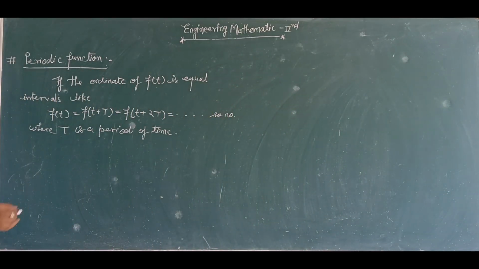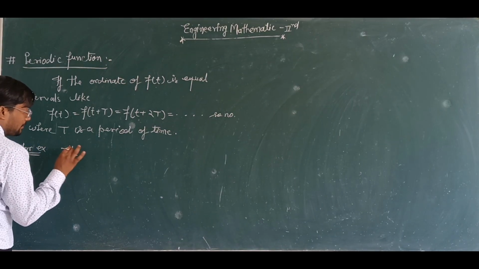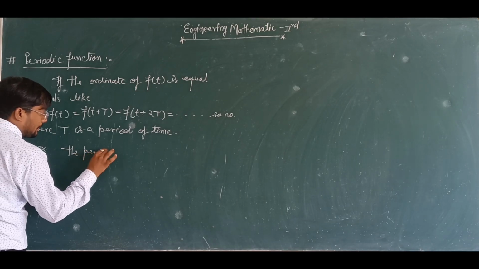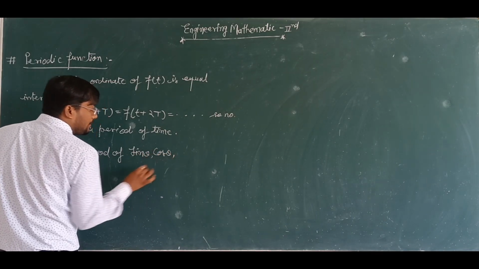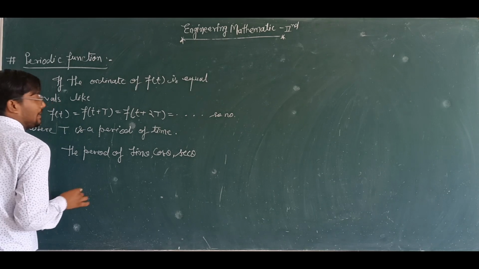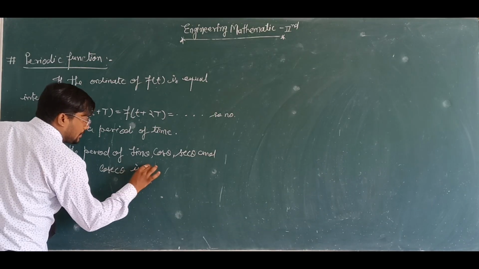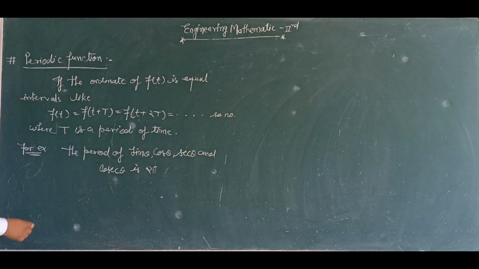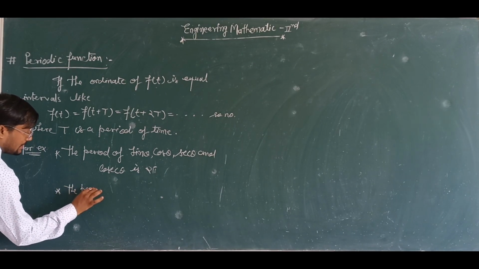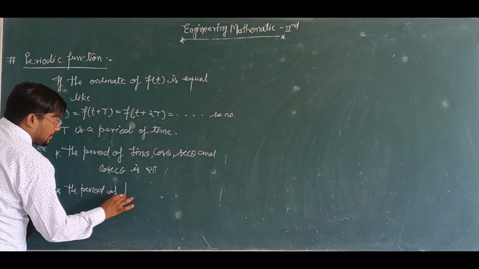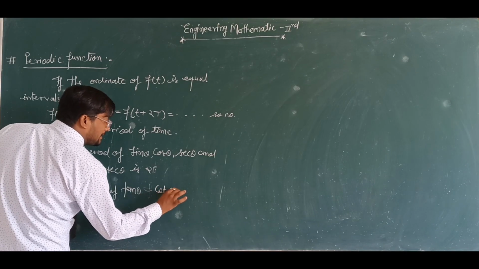You can note down, for example, the period of sine theta, cos theta, sec theta, and cosec theta is 2 pi, and the period of tan theta and cot theta is pi.